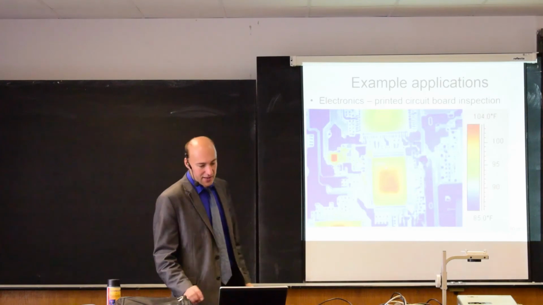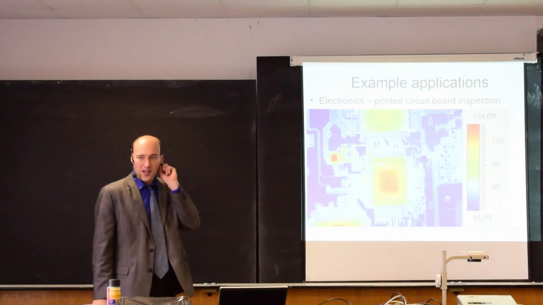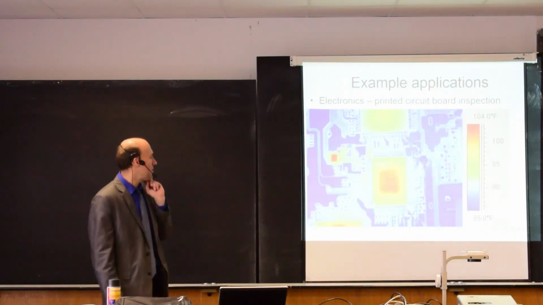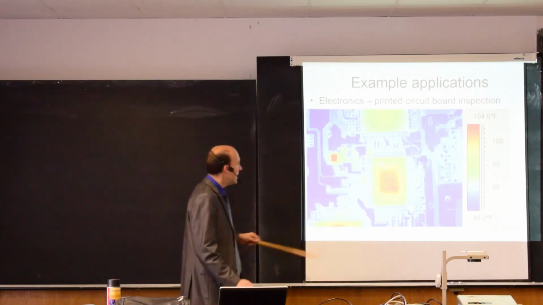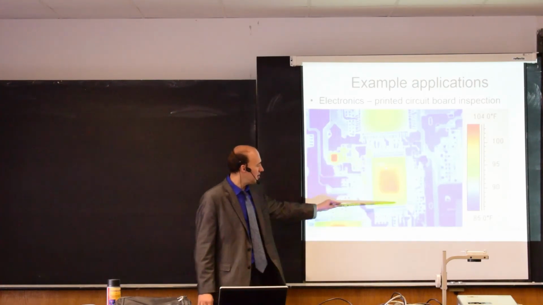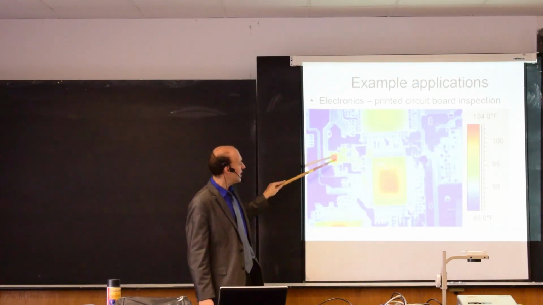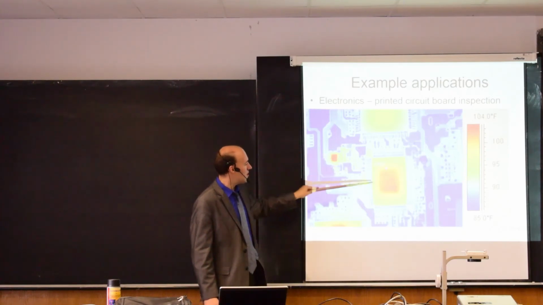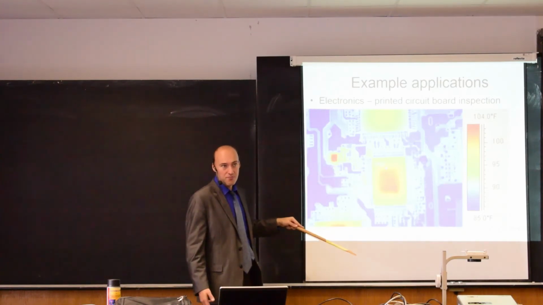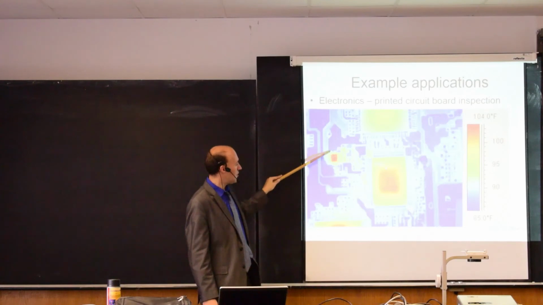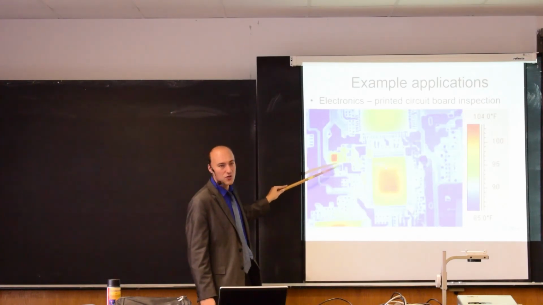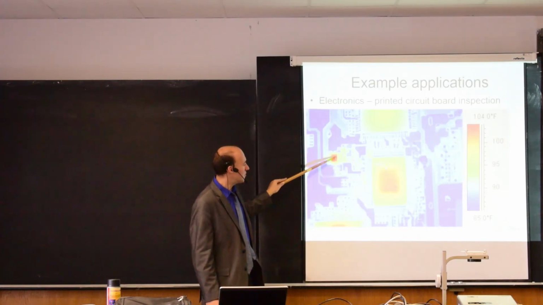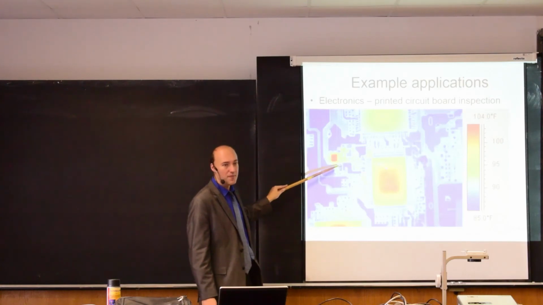We can detect problems in electronics. So that's an image of a printed circuit board. This is some chip, this is another chip, and you see, okay, here it's warmer, here it's colder, so there probably is some problem with this circuit, either short connection or some faulty chip and so on.